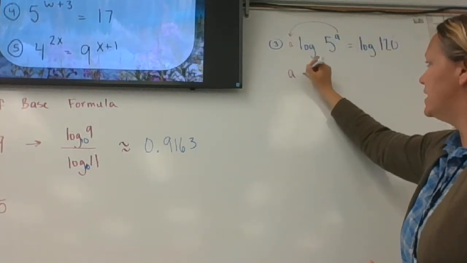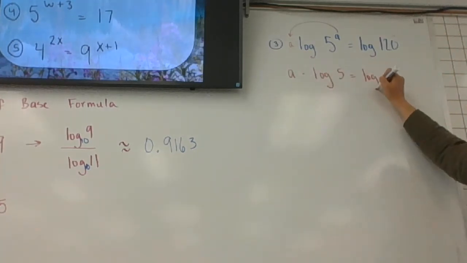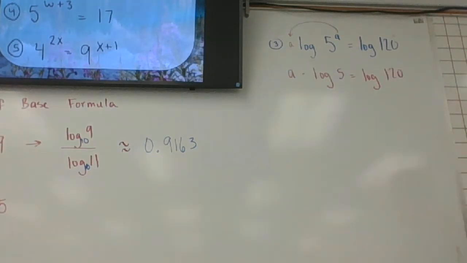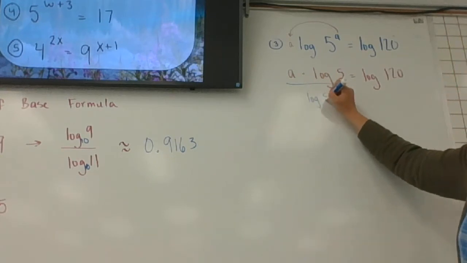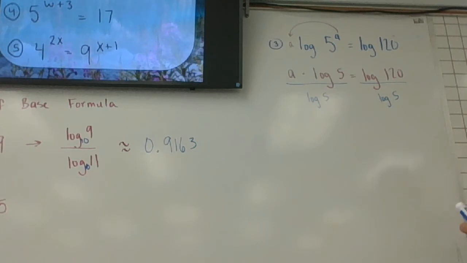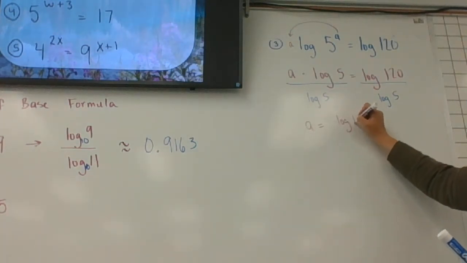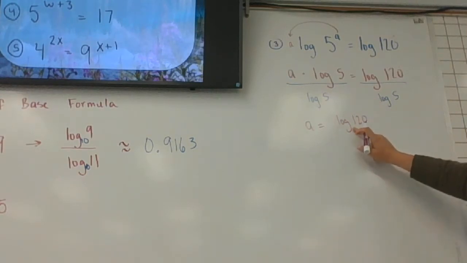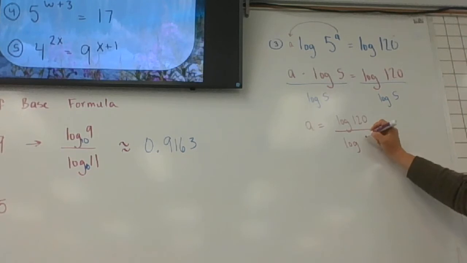So that's A times log 5 equals log 120. And then we'll divide both sides by log 5. And A will equal log base 10, invisible base 10, of 120 divided by log base 10 of 5.